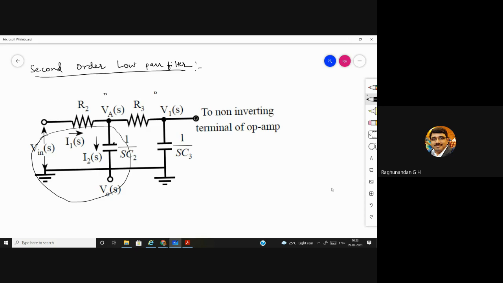And as we know, active filter is a combination of active as well as passive elements. So in other words, we tell that passive filter is also a part of an active filter. May I know why we call this passive filter is also a part of active filter?